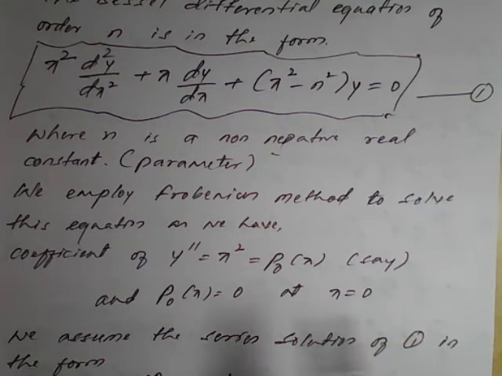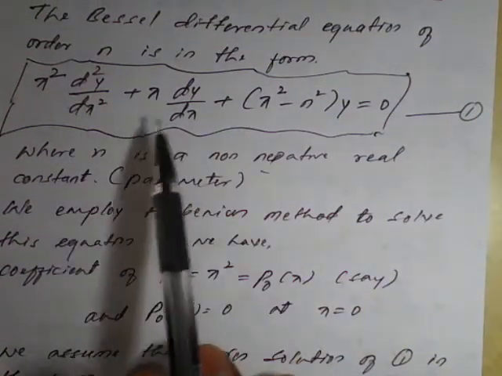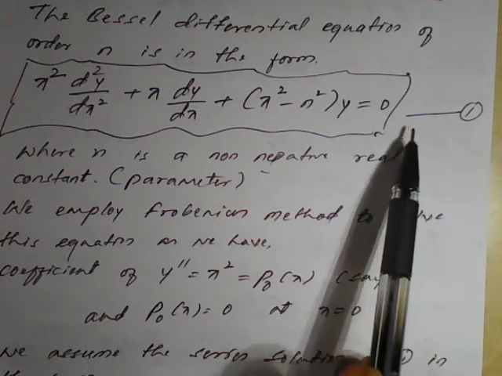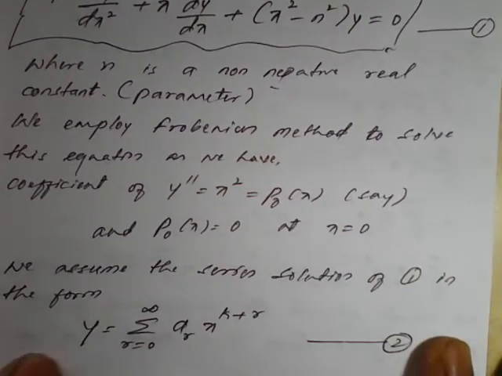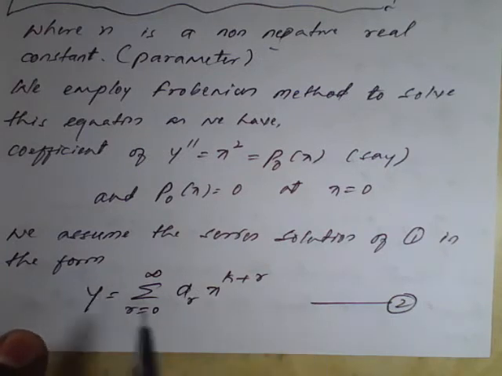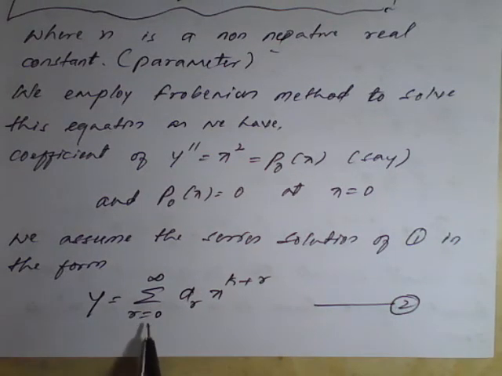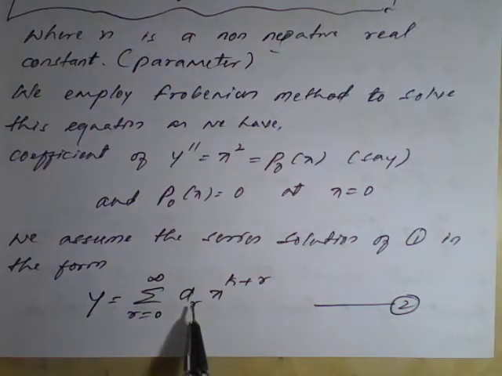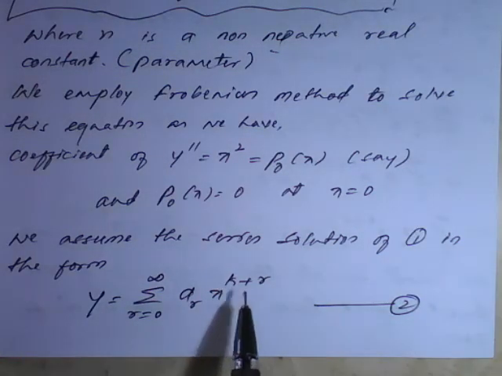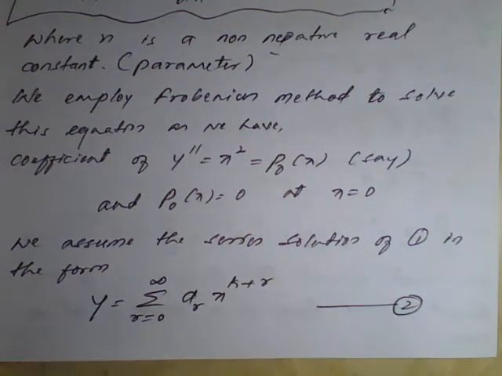So we assume the series solution of equation number 1, the Bessel differential equation, as y equal to summation from r equal to 0 to infinity of a r into x raised to k plus r, which we give as equation number 2.